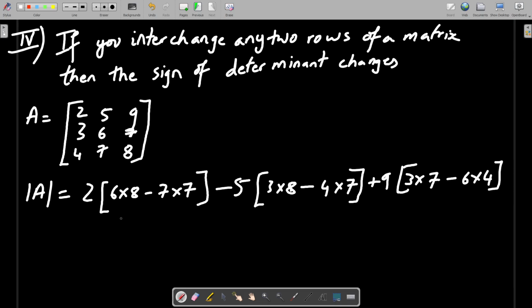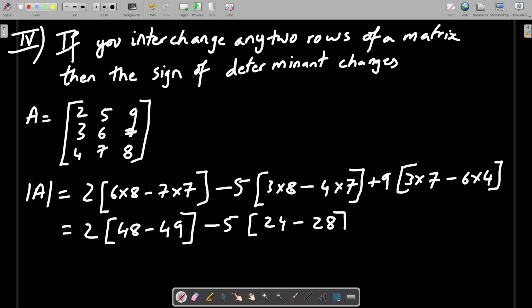So this will become 2 into (6 into 8, 8 6s are 48, minus 7 into 7 is 49), minus 5 into (8 3s are 24, 7 4s are 28), plus 9 into (21 minus 24).